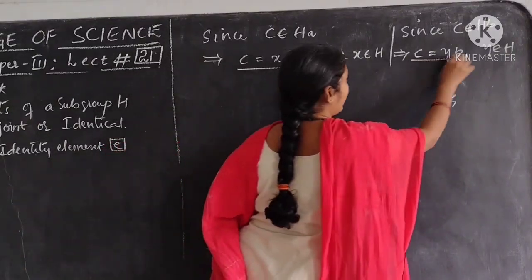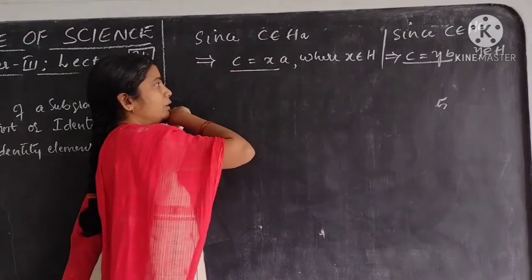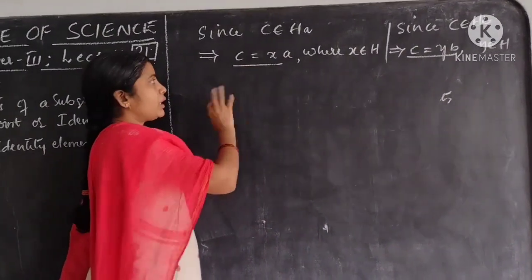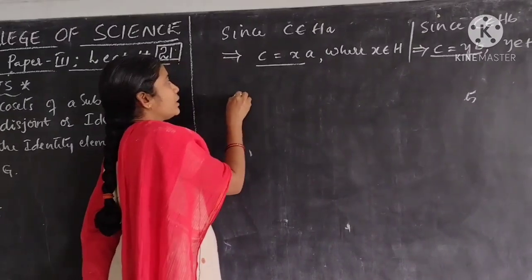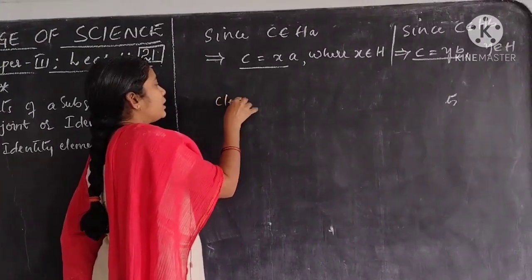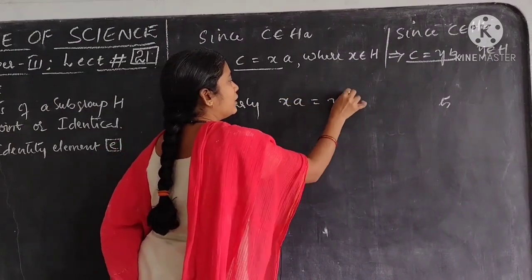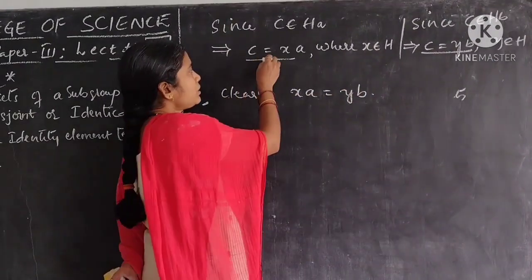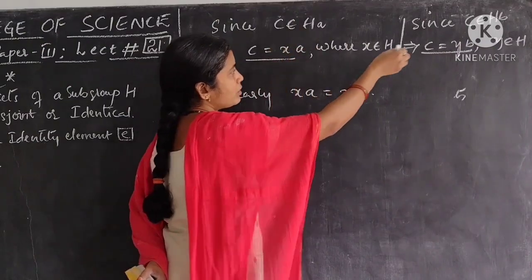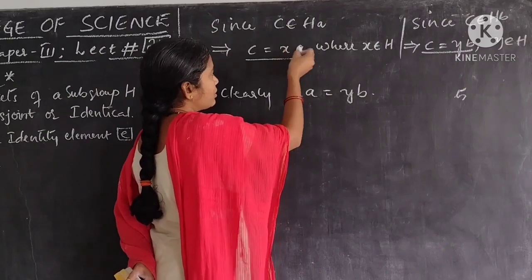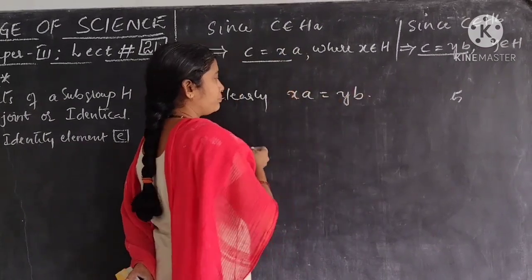Here we have written the value of C on both sides, so we can equate. Clearly, since C is equal to x into A and C is equal to y into B, we can write x into A is equal to y into B.